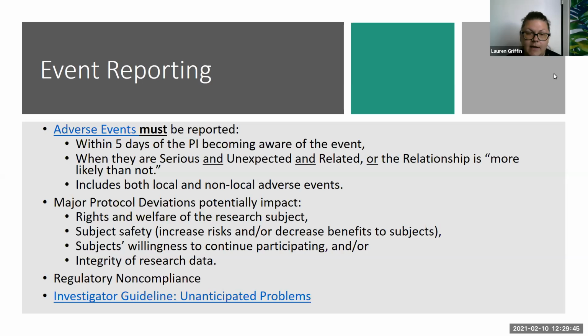Major protocol deviations are another thing that would be reported, especially if there's any risk to the rights, welfare of the research subject, safety, integrity of the data. These are just things that we ask that you report. We keep track of it, and we help figure out what happened and work with you to figure out, is there a way of preventing something from happening again?